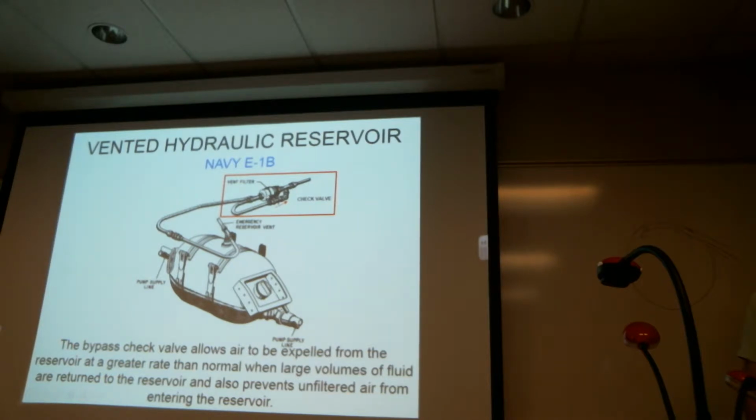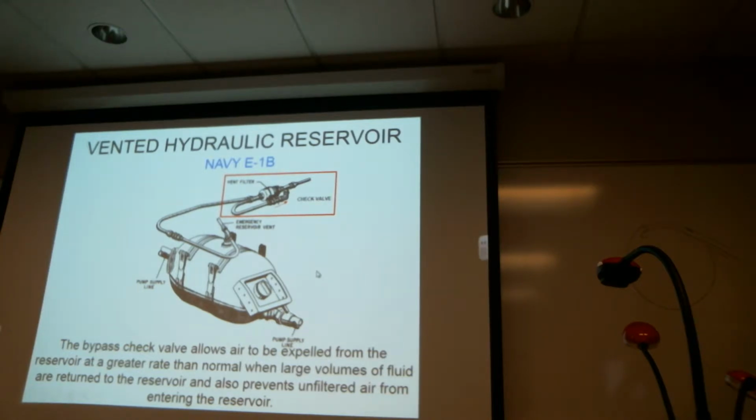Rather than trying to get out by the filter that would act as a restriction, the check valve provides a go-around to get air out, which allows a lot of fluid to enter back into the reservoir quickly. Do you all kind of see that? Yes or no? Good, because I'm going to ask you about that on a test coming up. Okay, so that's the purpose of it.